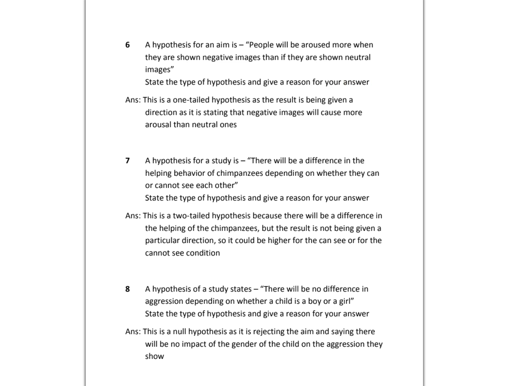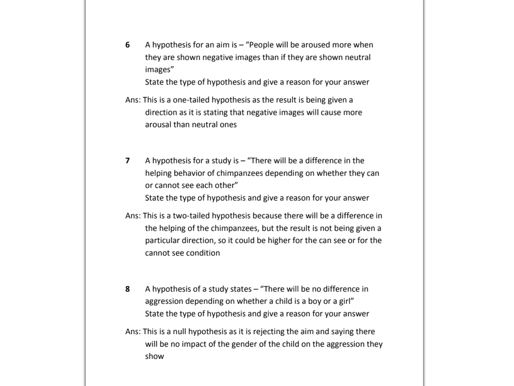Okay, people will be aroused more when they are shown negative images than if they are shown neutral images. So images are causing an arousal. So if something is causing or affecting the other, then we know that this is an IVDV. So the images being negative or neutral would be the IV, and arousal would be the DV. So we've identified the IVDV.